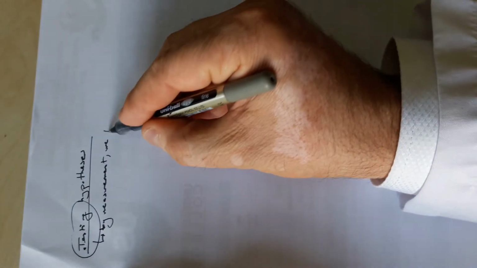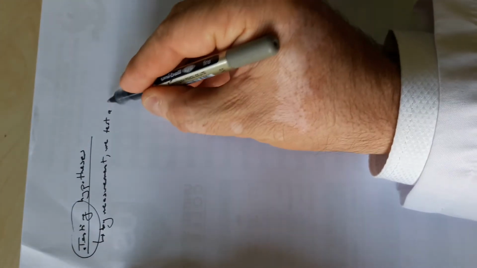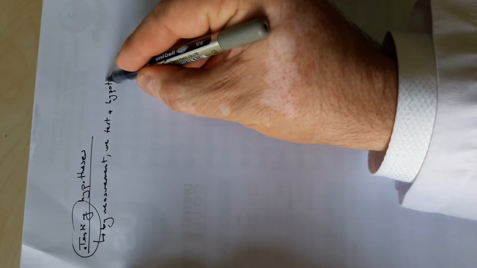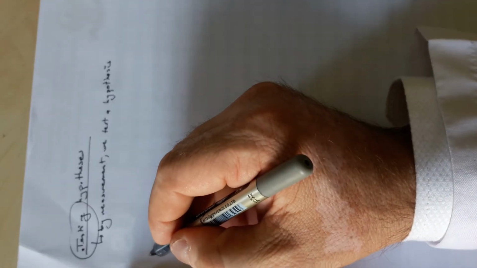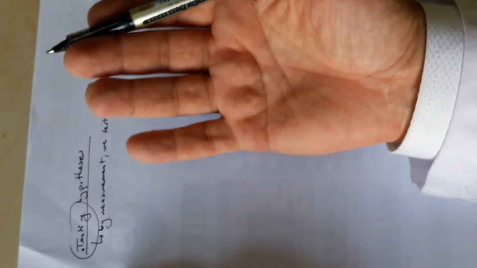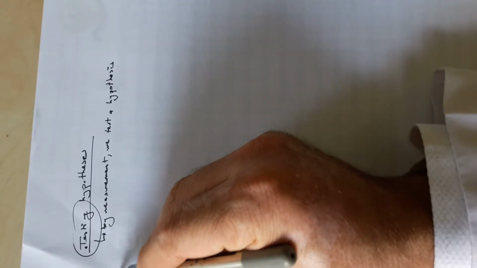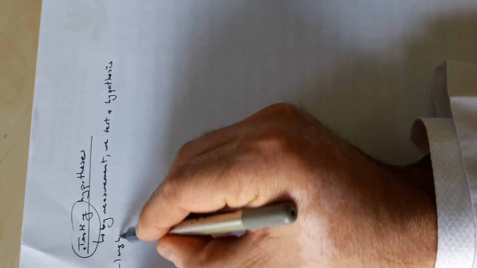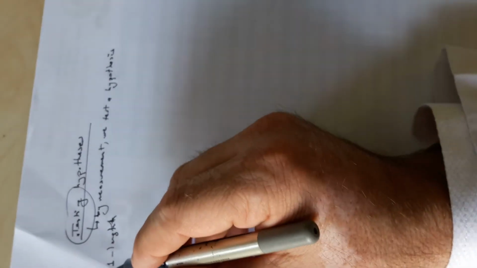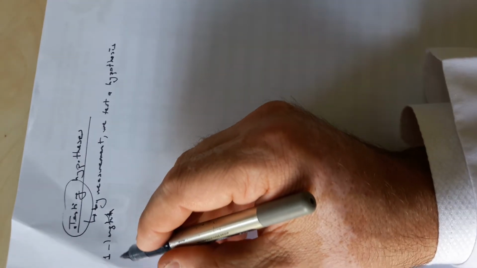So we test a hypothesis by making measurements. Now, what things do we measure? One of them is the length. So we measure the length of the table. The first thing we measure is length.